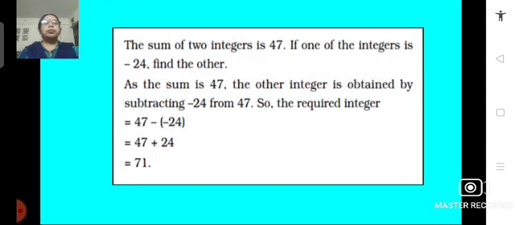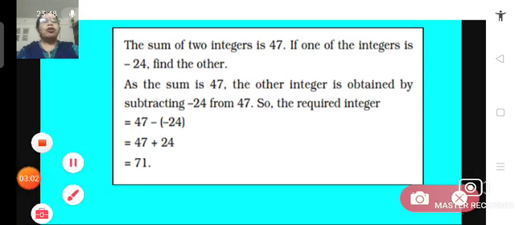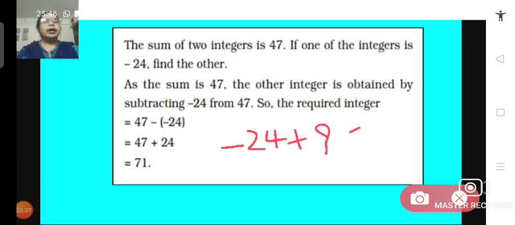Now next problem is the sum of two integers is 47. If one of the integers is negative 24, find the other. So we have the sum of negative 24 and a number as 47. So we have to find out the other integer.